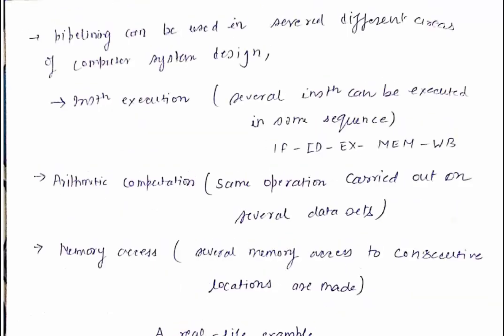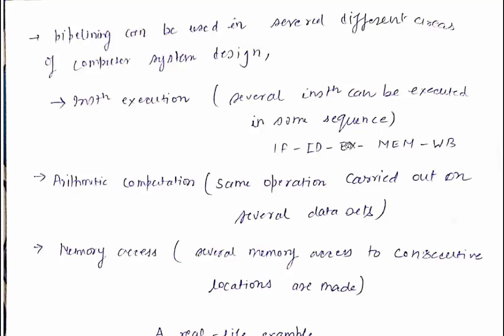So why is it used? Because of a few reasons, that is instruction execution. Several instructions can be executed in the same sequence. Let's say this is the sequence: instruction fetch, instruction decode, execute, memory operations. That means if your execution requires another memory access, and then write back, or you want to store your result into some memory location, this stage would be utilized.